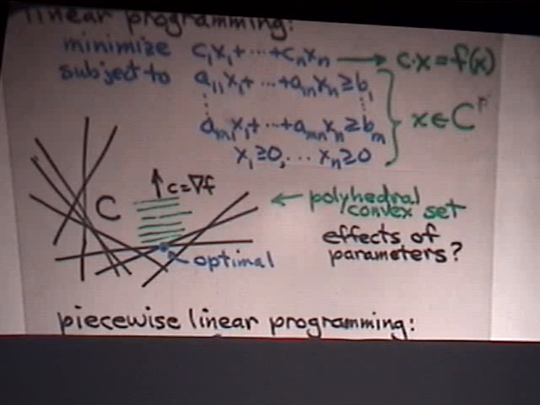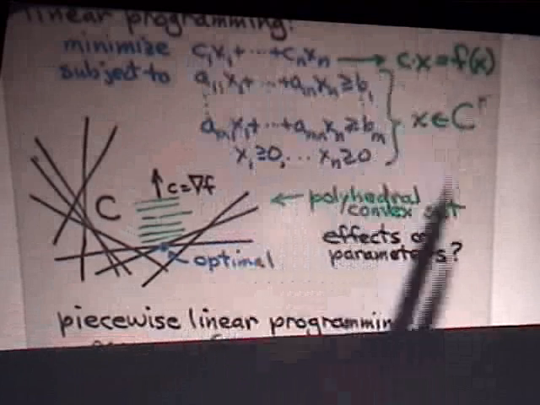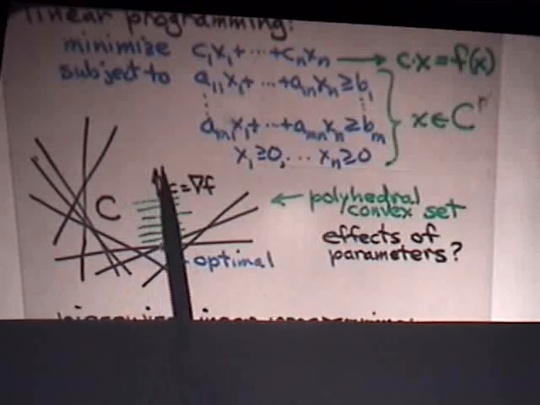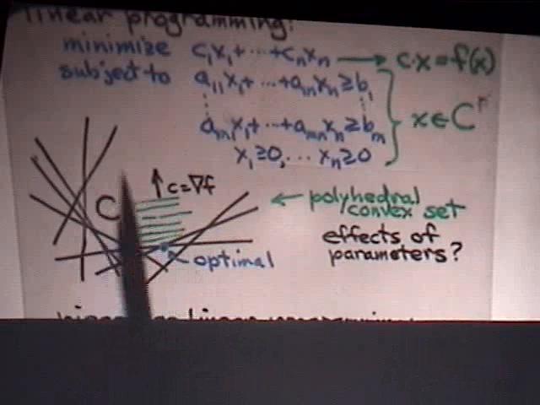Now, suppose I begin to consider how the solutions of this problem depend on parameters. Let's just consider how the optimal solution depends on the parameters in the function we're minimizing, the c. So suppose I take this vector c and I change it slightly. I drew this picture in such a way that you can see the following.